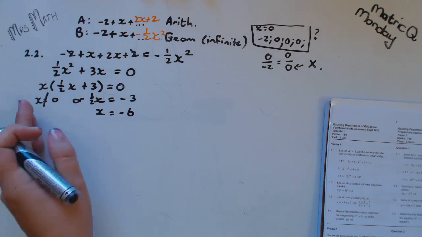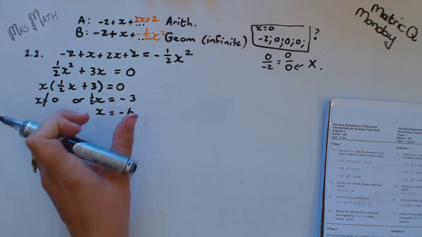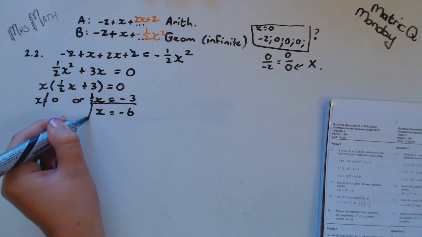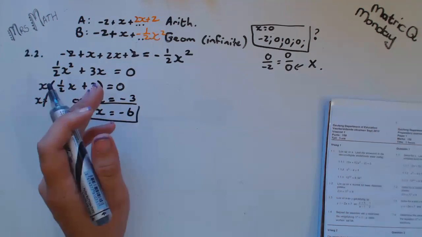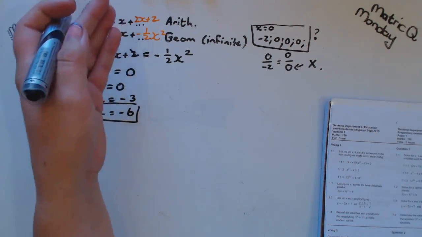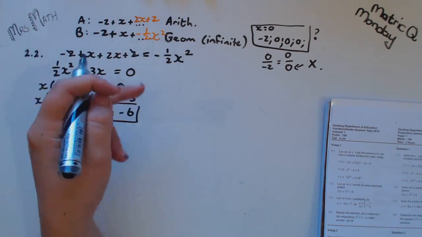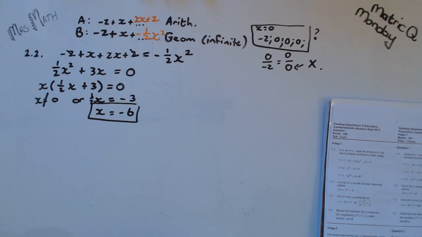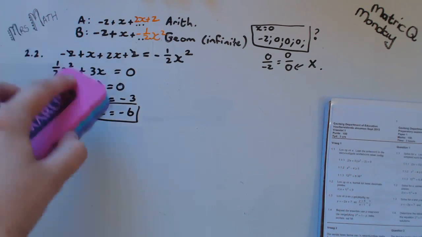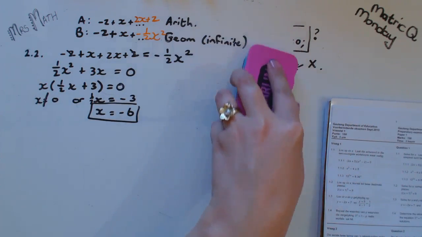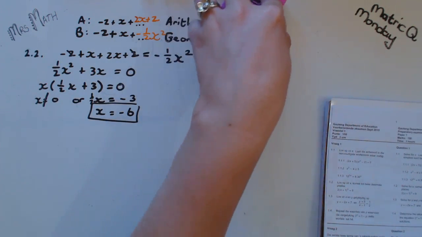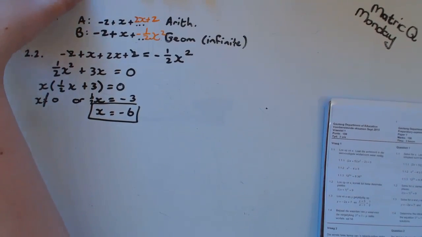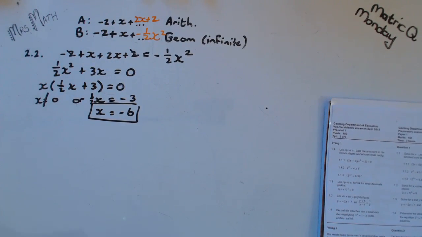So I'm going to take out this solution. Same way that I had a look at what x equals 0 does, you can have a look at what x equals minus 6 does to the two patterns and figure out whether this is a plausible answer. It is, so that's fine.